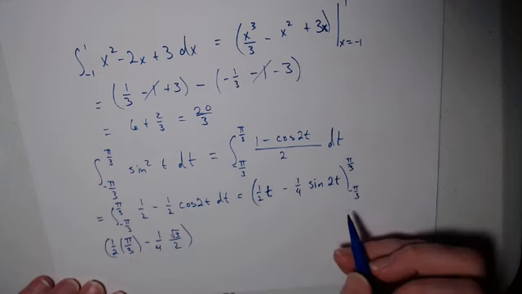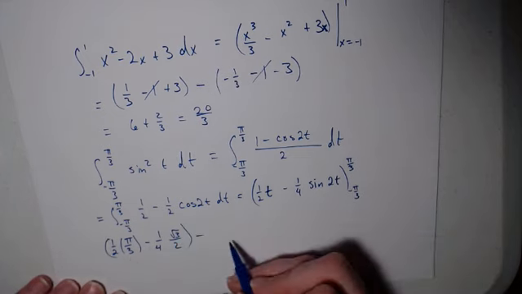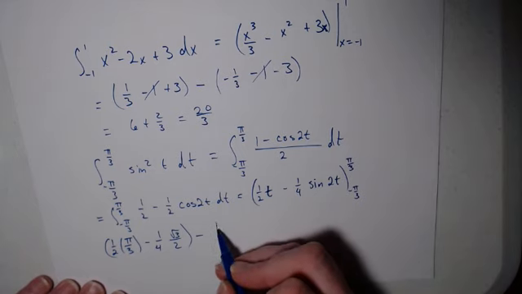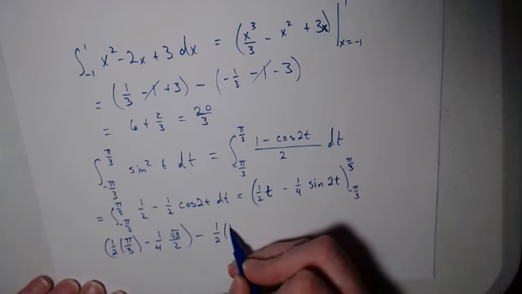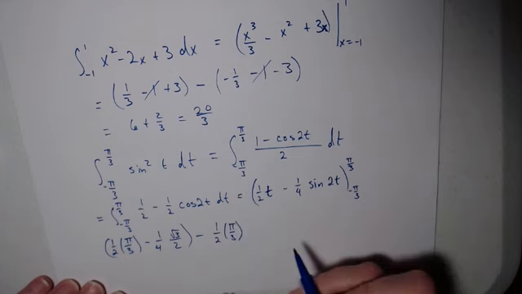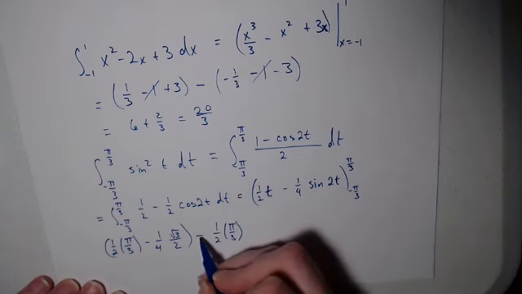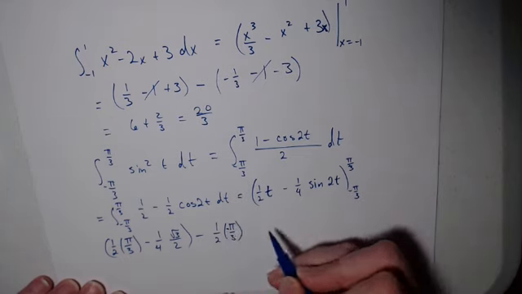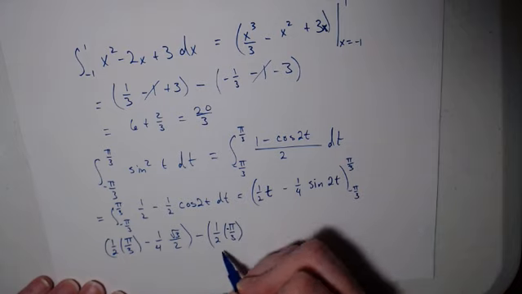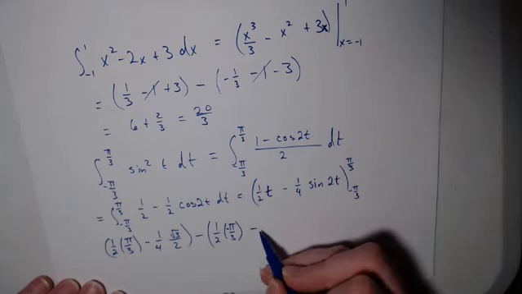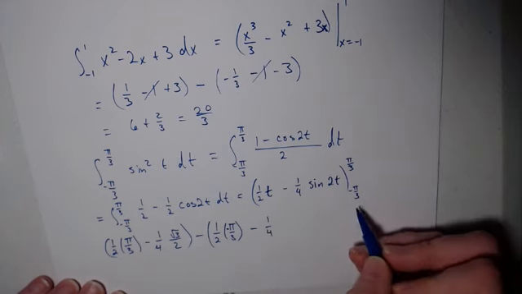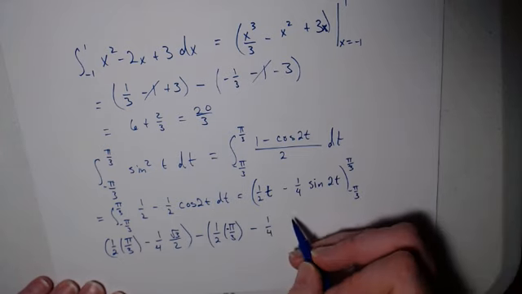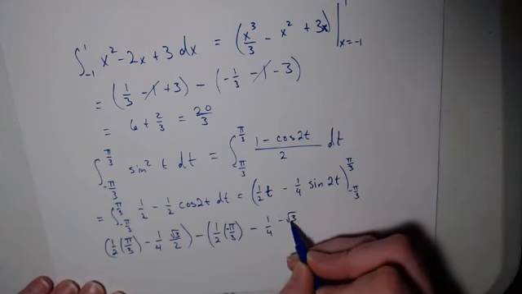And then minus 1/2 pi over 3, negative pi over 3, minus 1/4, and sine of negative 2 pi over 3 is going to be negative root 3 over 2.